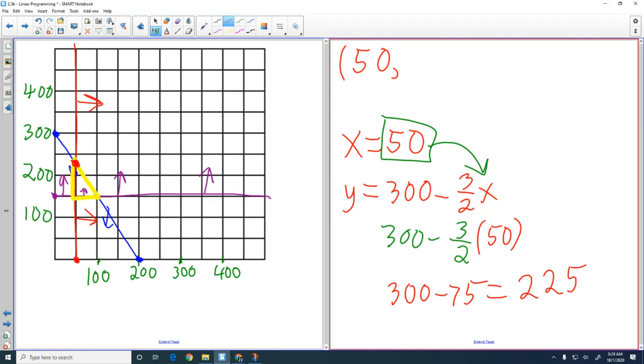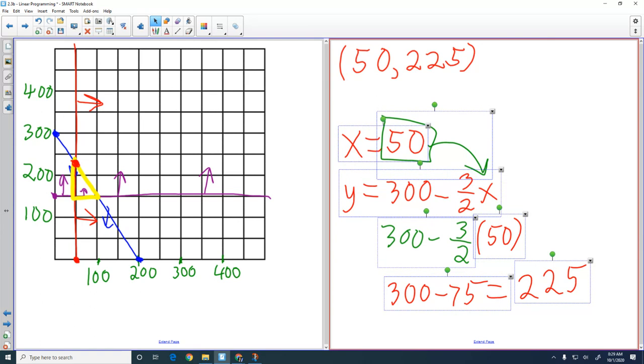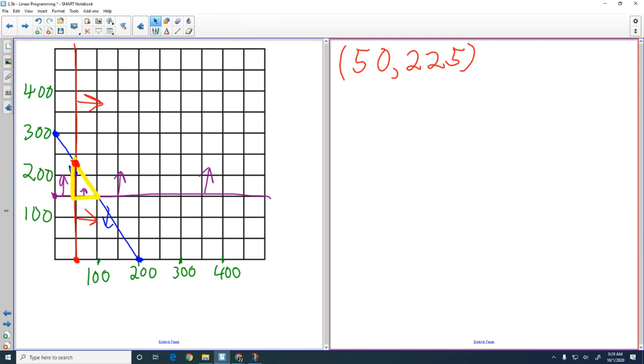So that's the y coordinate. 225. All right, so that's one critical point. Let's find the next one.